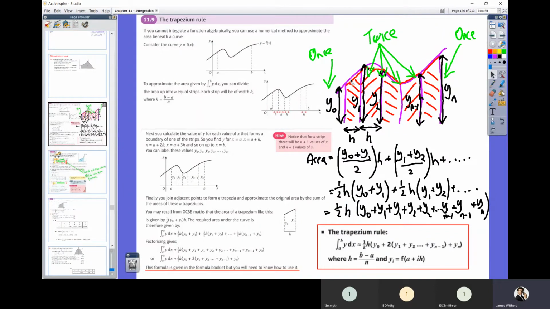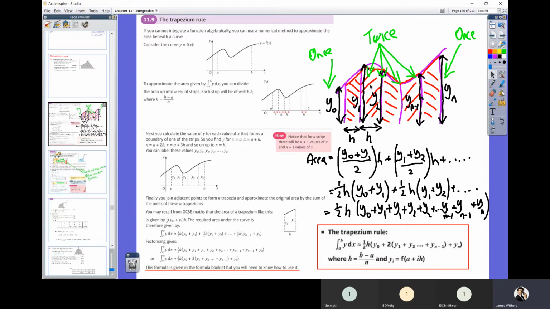So sometimes the answer will give you an overestimate, if your trapezia are above the curve. But sometimes it will give you an underestimate, if your trapezia are more often than not below the curve. With this one, it would be hard to judge because it's such a strange shape. But sometimes you would get asked, would this be an over or an underestimate? And you've just got to visualize the trapezia and say, are they taking up a bigger or a smaller area than the curve itself?